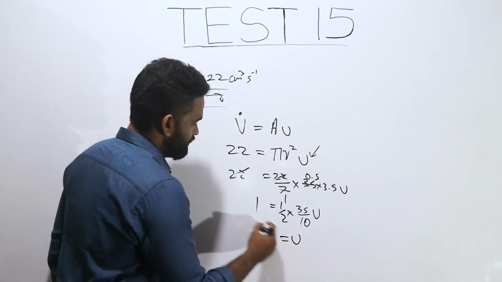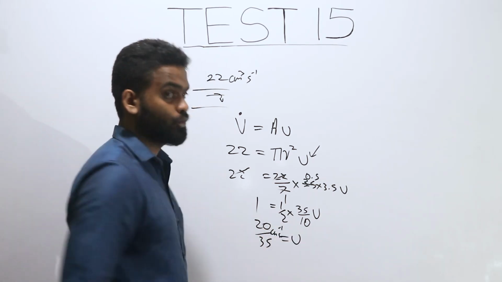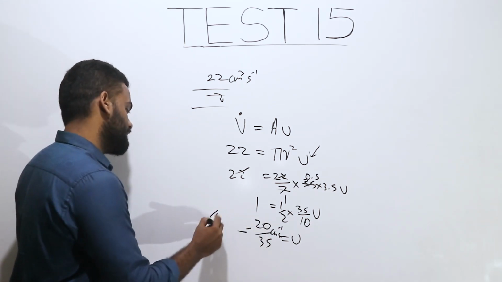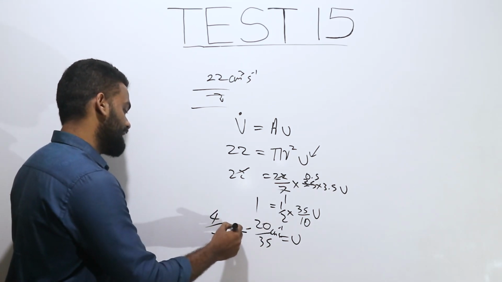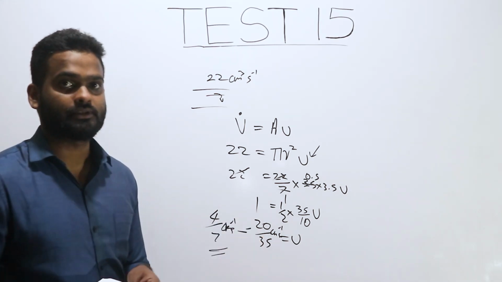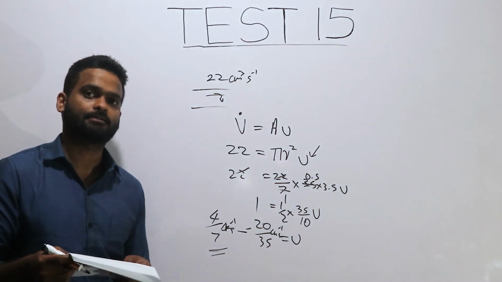Then v is equal to 20/35 centimeters per second. Just divide both by 5, and then this becomes 4/7 centimeters per second. Answer 14 should be the third one, 4/7 centimeters per second.